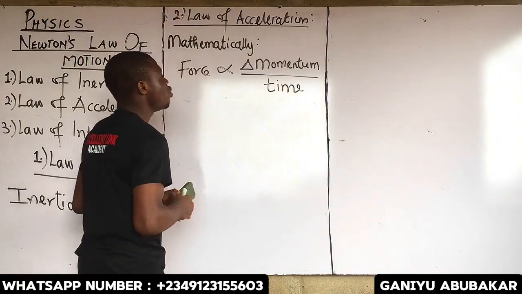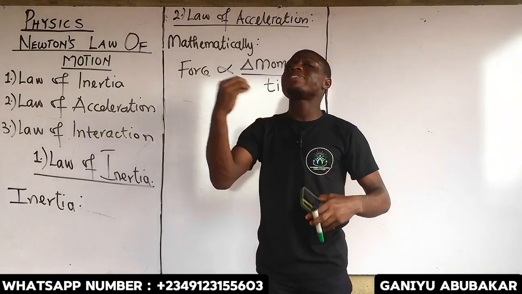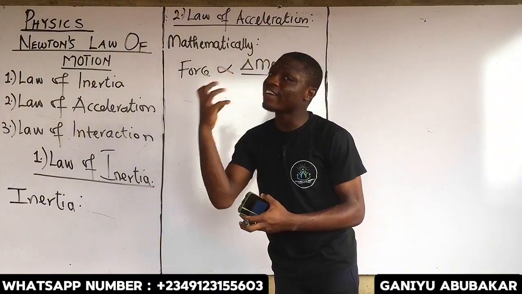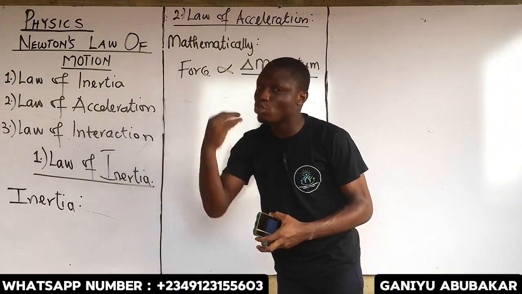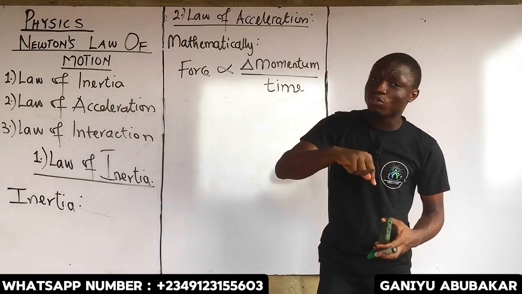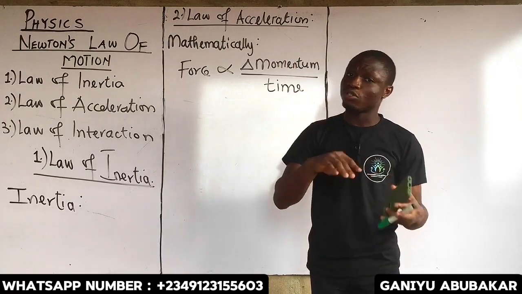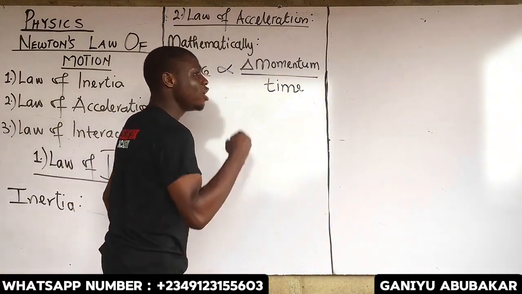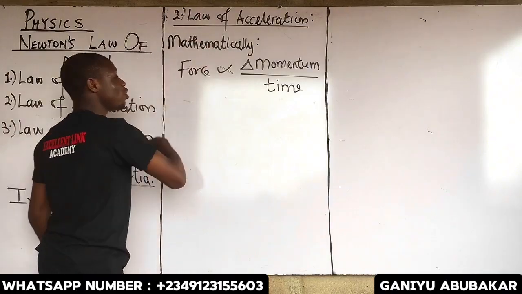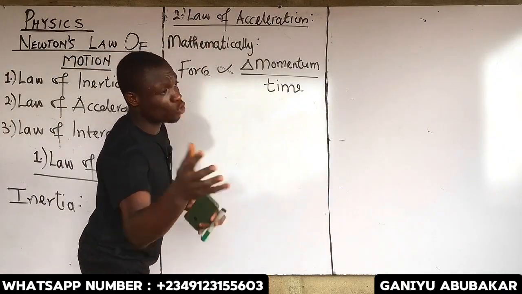Now look up, please. Observe the second law of motion. I said that the rate of change of momentum is directly proportional to the applied force that takes place in the direction of the force. In that law, there are two things: force and rate of change of momentum.